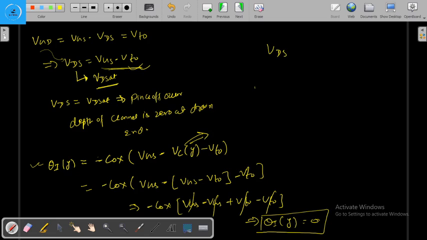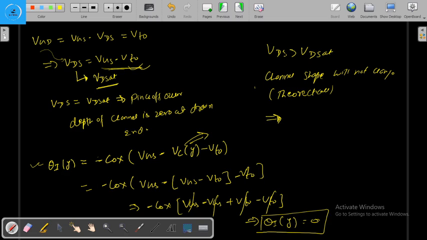When we increase VDS beyond VD set, the channel shape will not change. This is theoretical, not practical. Before describing this region of the operation, I want to add one or two more points.